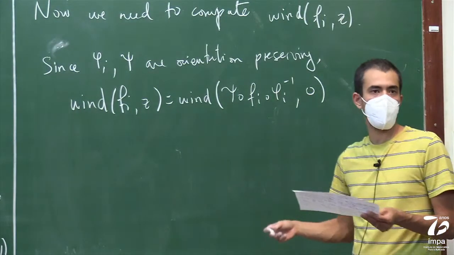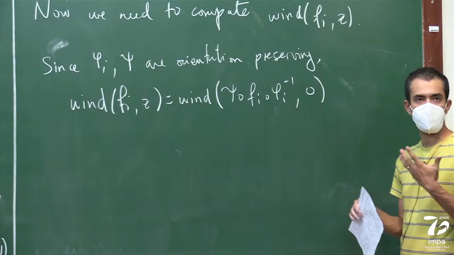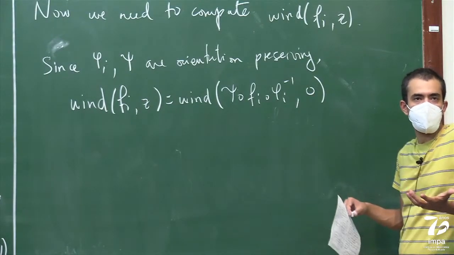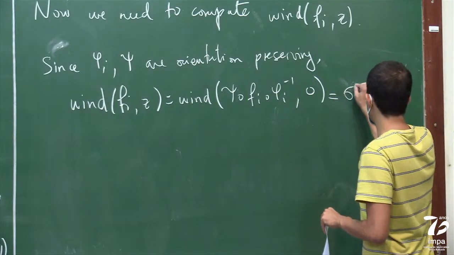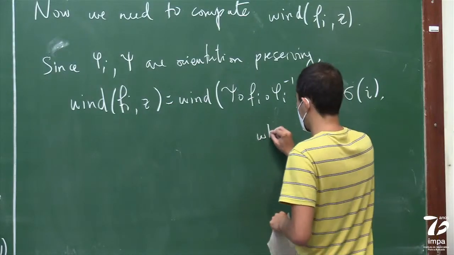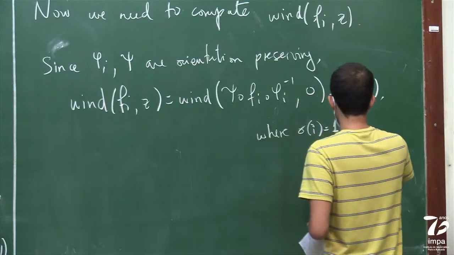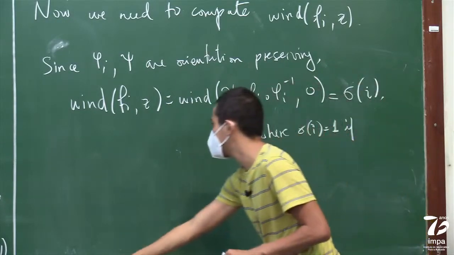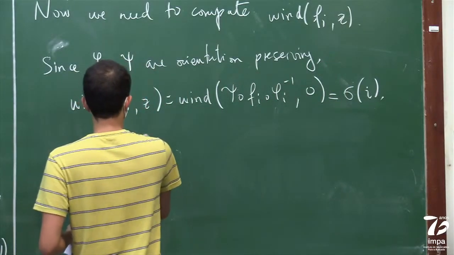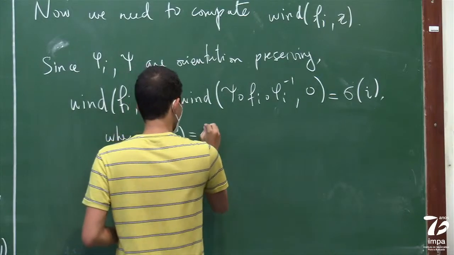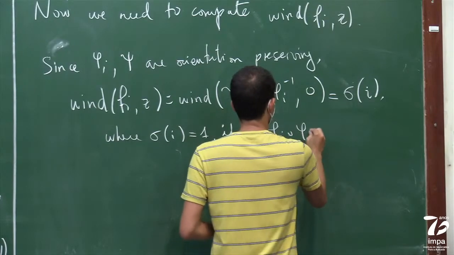And then this you can compute by hand. Basically if you take the identity map with respect to 0, that obviously has a winding number of plus 1. So this is going to be exactly sigma i, where sigma i is 1 if this map here inside is the identity.